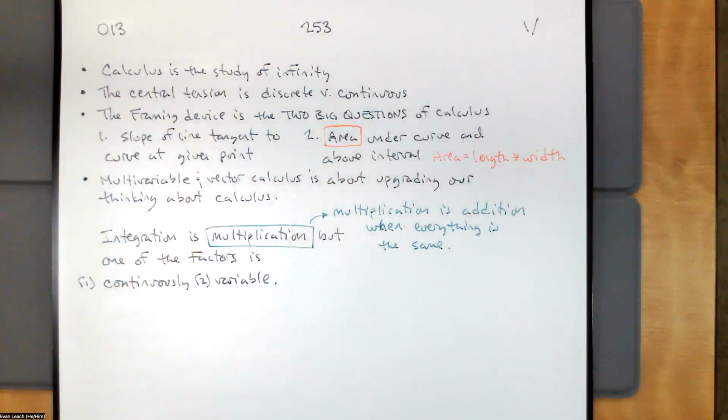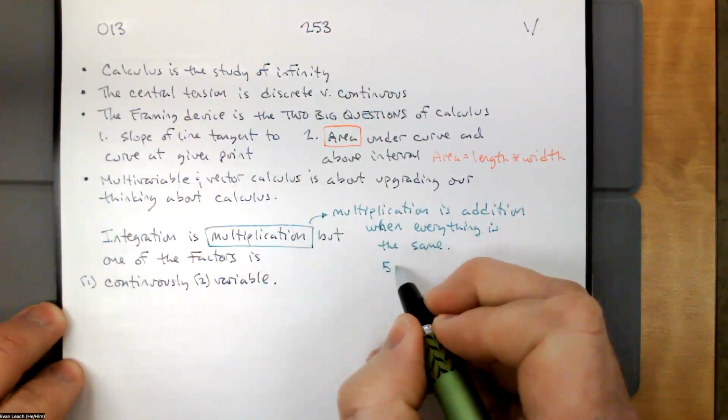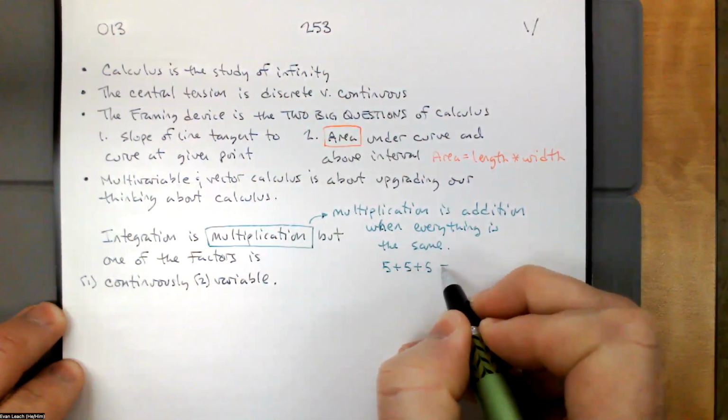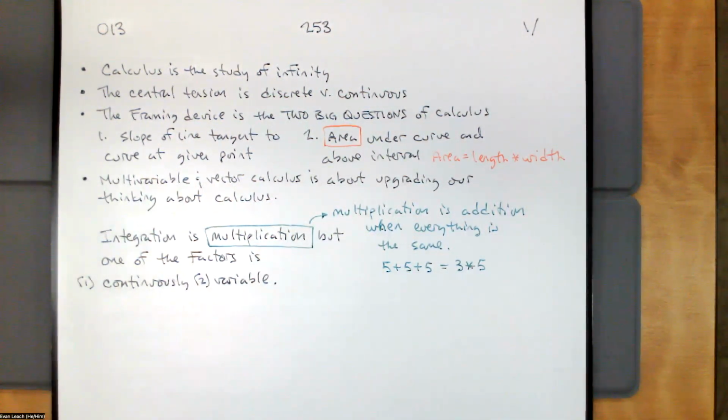So what we mean is that if I write 5 plus 5 plus 5, that's an addition problem, but all the terms are the same. So we summarize that with multiplication. So 5 plus 5 plus 5 is 3 times 5. Everything is the same, so we get to use multiplication. We look at 5 plus 5 plus 5, and we say, awesome, we get to use multiplication because those 5s are all the same.